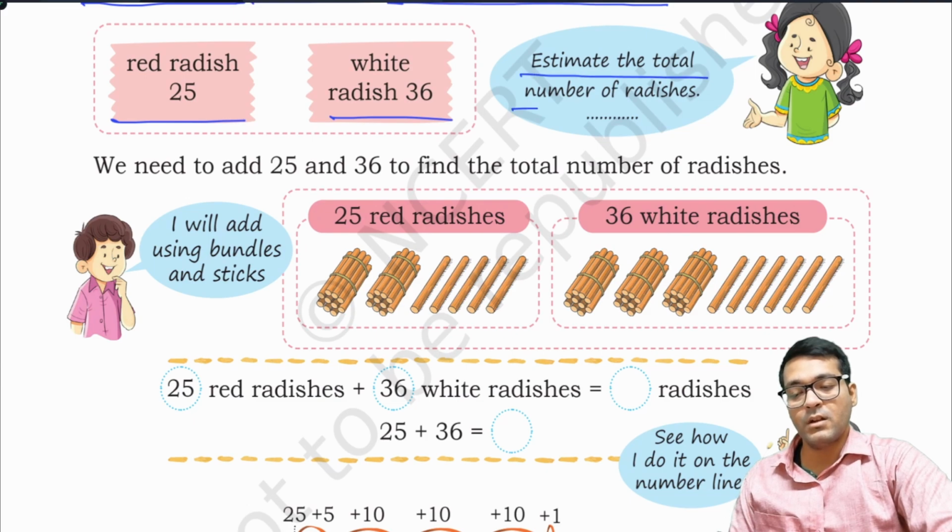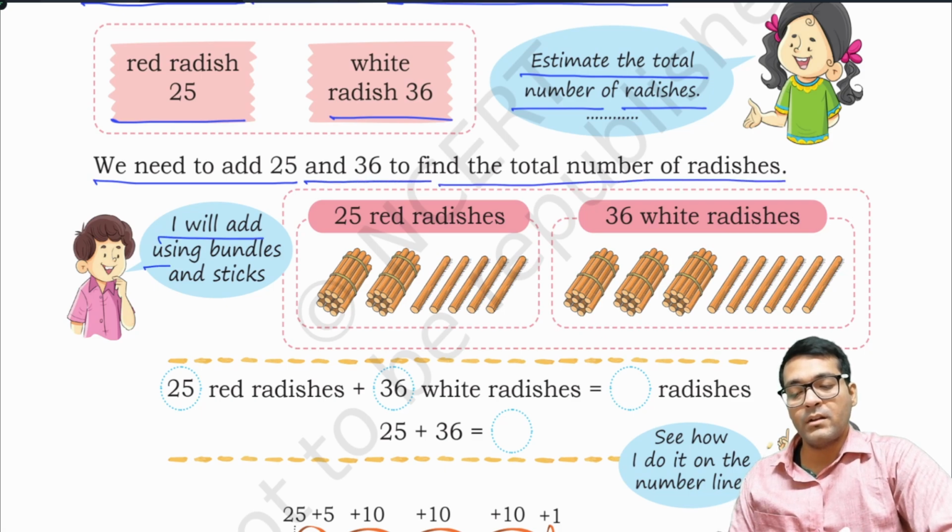Estimate the total number of radishes. We need to add 25 and 36 to get the total number of radishes. I will add using bundles and sticks. Chirag says 25 red radishes, 2 bundles of 10 and 5. 36 white radishes, 3 bundles of 10 and 6.